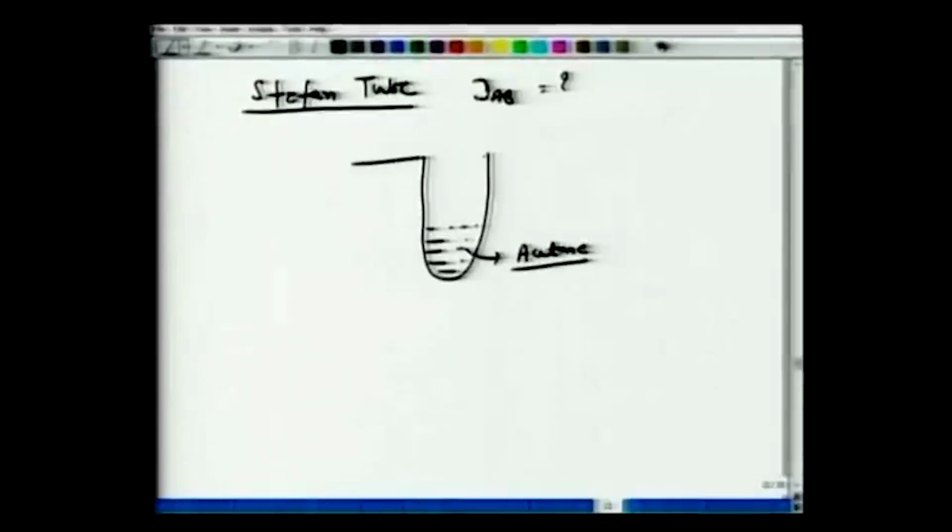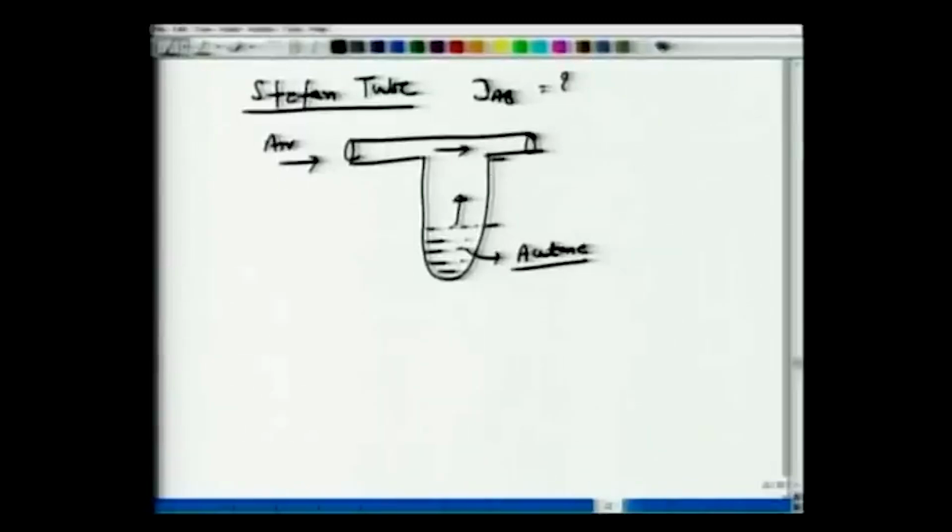So we have a tube like this in which air moves very gently on top. When the acetone evaporates, it has a diffusion length of delta z, or some height h, before it is carried by this air stream outside.